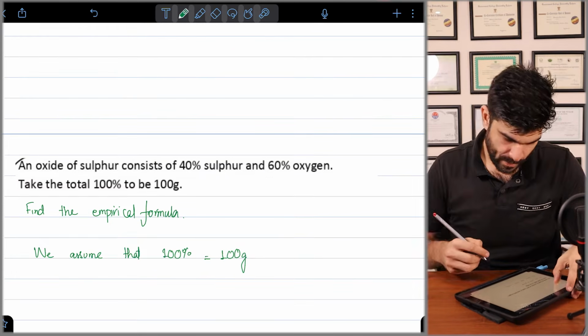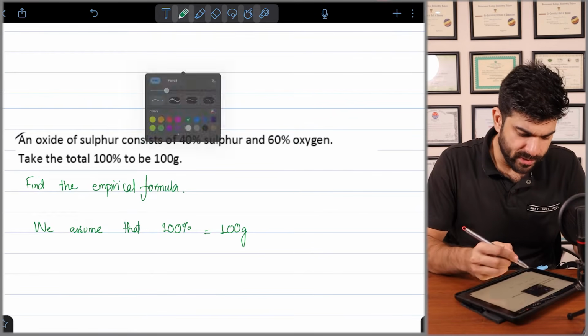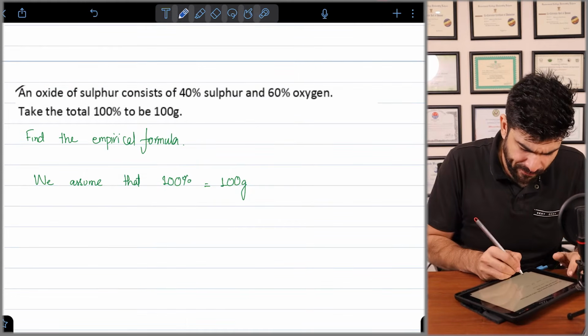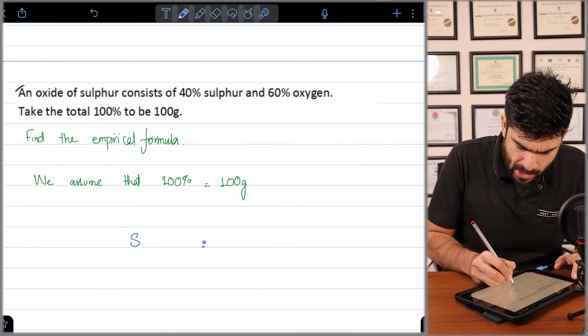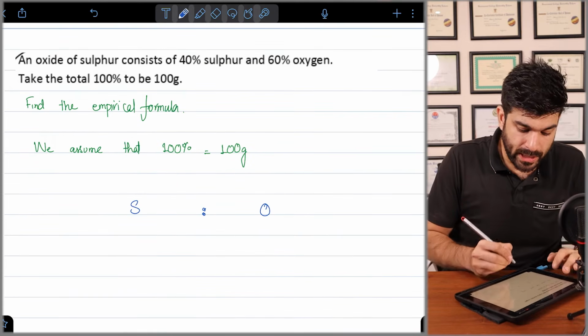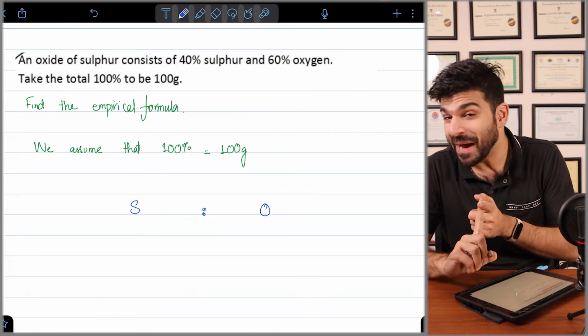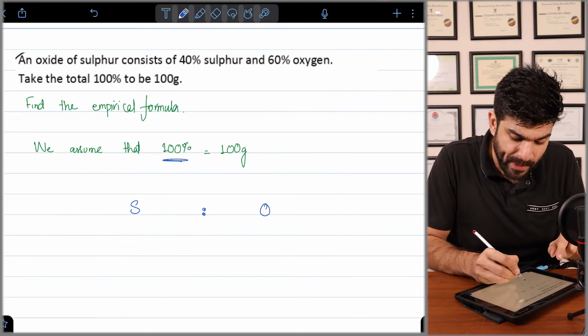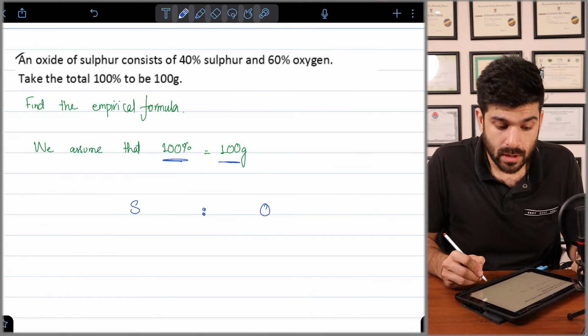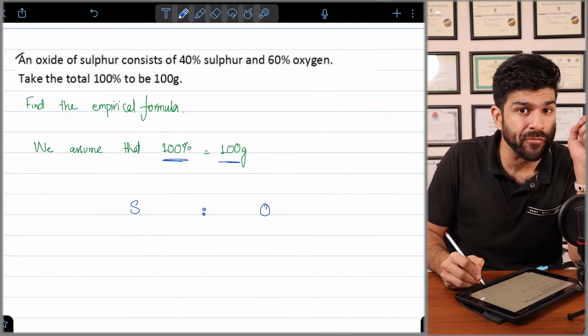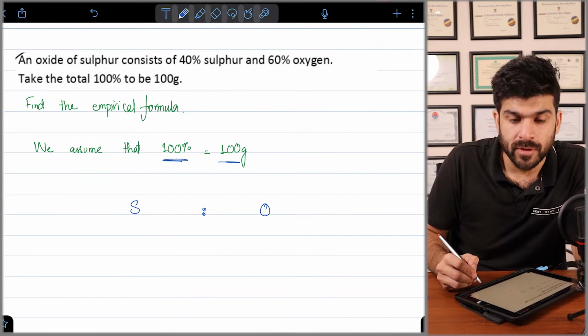Let's see. We have two elements that are involved: A, we have sulfur; B, we have oxygen. Now we have percentages, we don't have masses. But here we just said percentage equals mass. So if I have 40% of sulfur, I have 40 grams of sulfur.